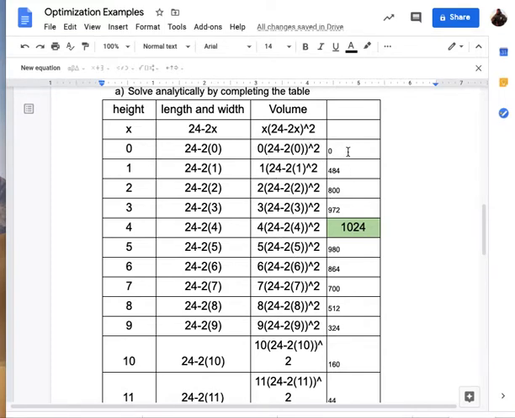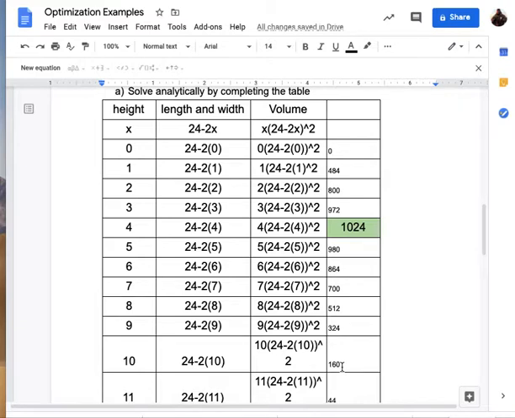Then I've actually plugged the values in and calculated a numeric volume, and you will see that if you watch these, it starts at 0, bigger, bigger, bigger, hits 1024, 980, it's smaller. 864, smaller, smaller, smaller. So our volume increased up to this 1024, and then it began to decrease.